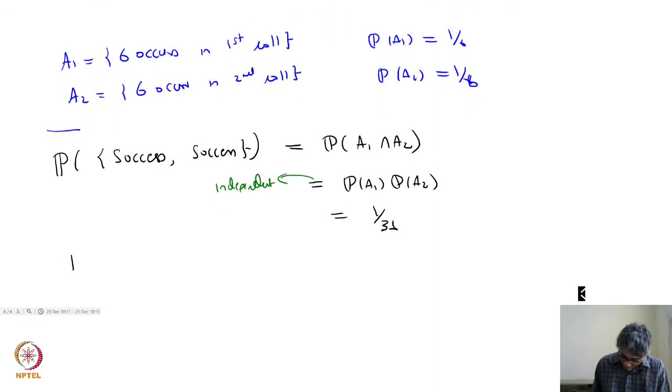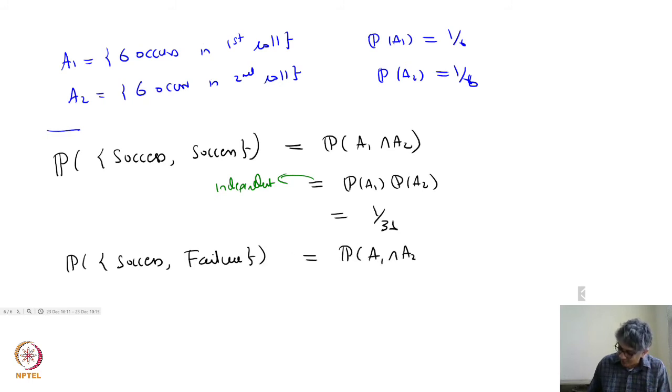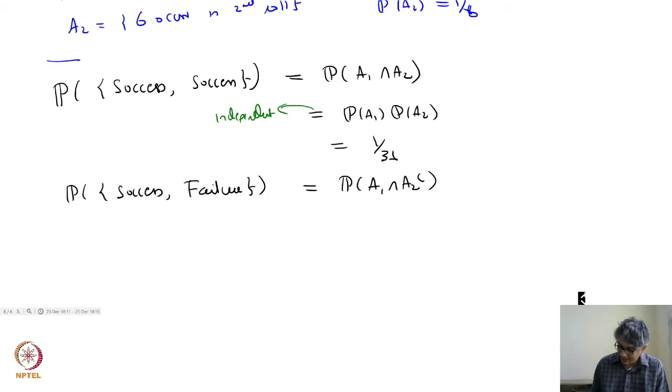Now I also do the following. I do probability of success and failure. What's that going to be? That's going to be probability of A1 and A2 complement, because that's what failure is, right? Failure means I don't have A2. I don't have 6 in the second row. That's the same, by independence again, as probability of A1 times probability of A2 complement.